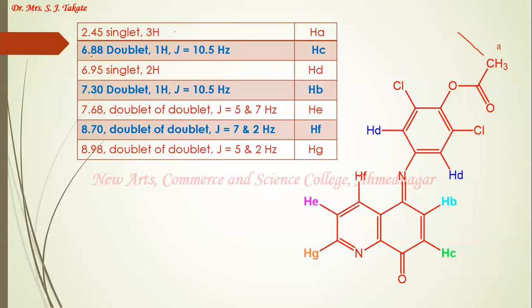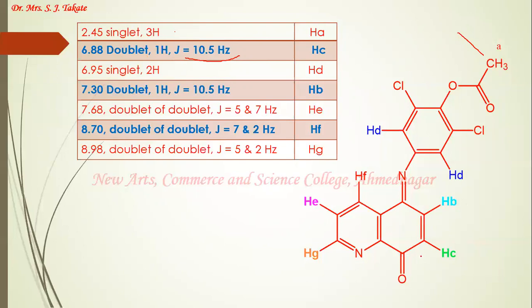Now we have the second signal, 6.88 doublet, 1 proton, J is equal to 10.5 Hertz. 10.5 Hertz is a large vicinal coupling constant value. Let us see this in this case. Here we have different protons present on this pyridine ring part, and here we have one more pair of protons.